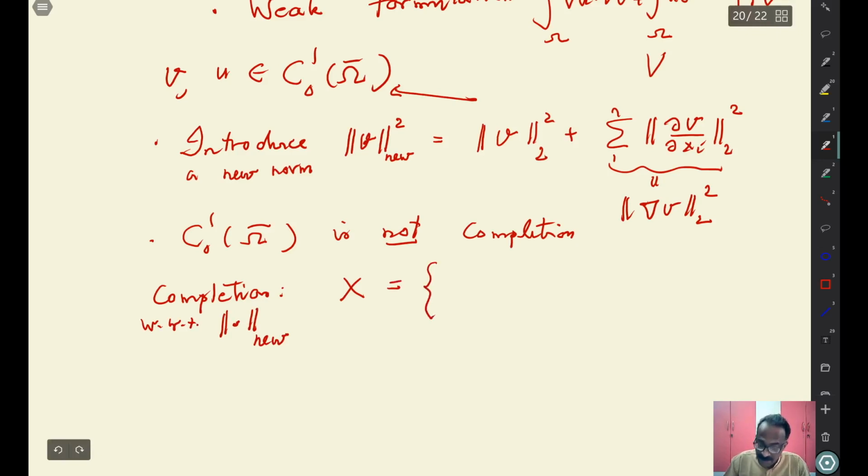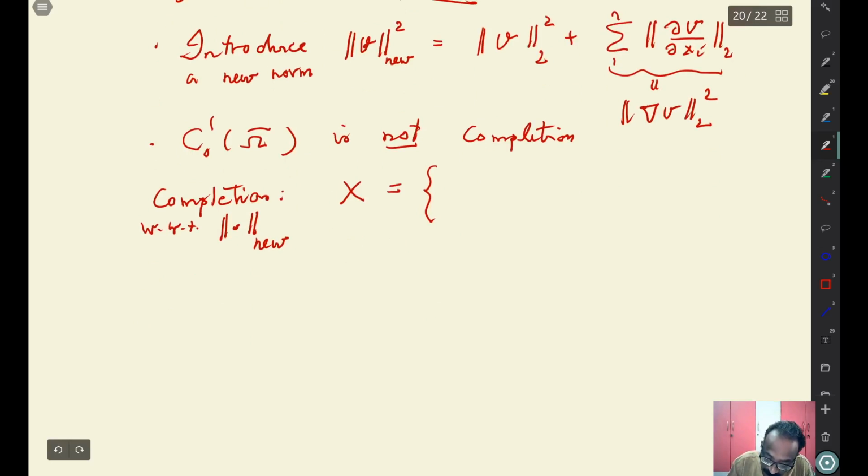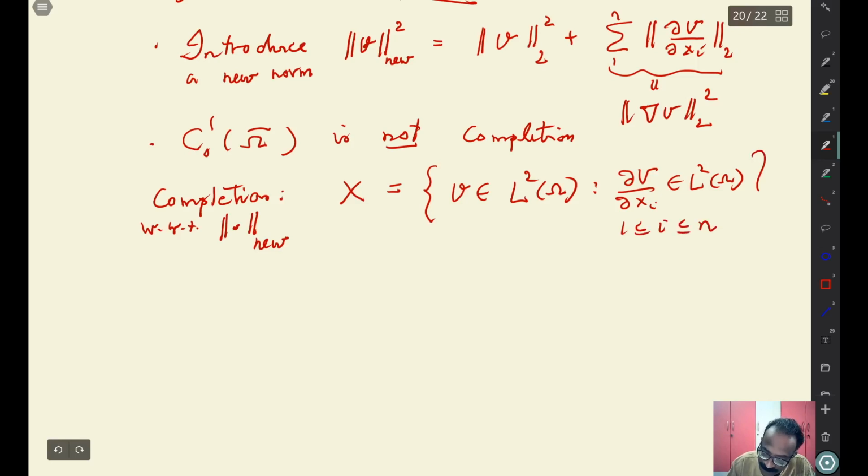This is what gives you the first Sobolev space, the set of all v in L2 of omega with dv by dxi in L2 of omega, for 1 less than or equal to i less than or equal to n. No boundary condition is used yet.